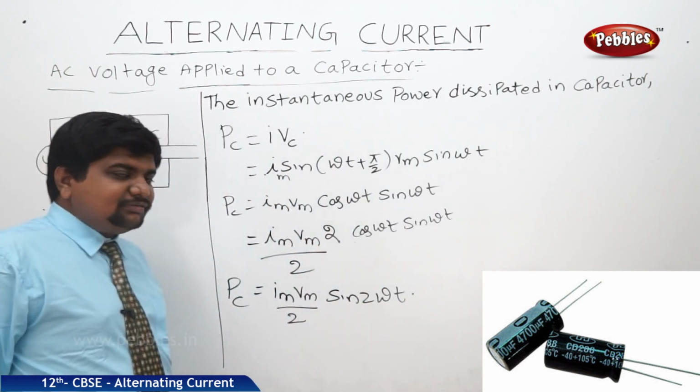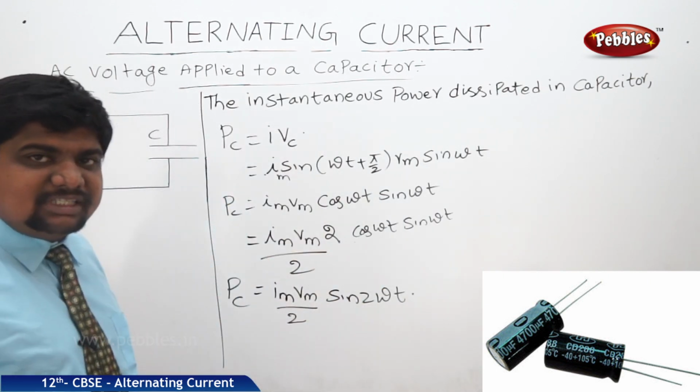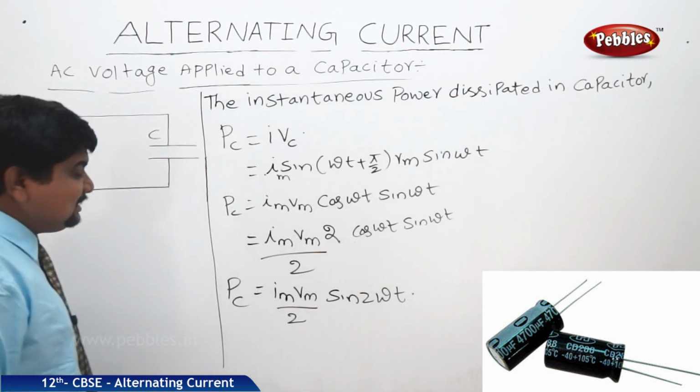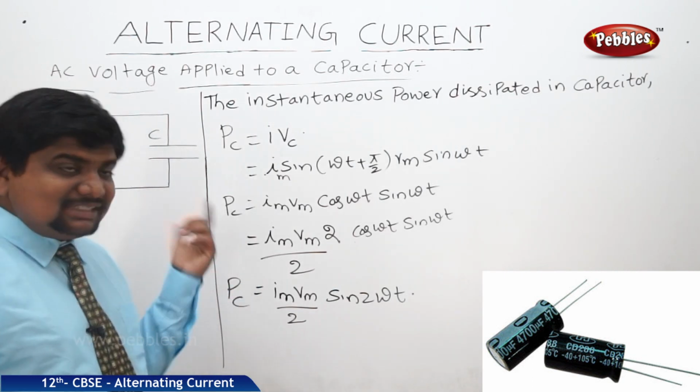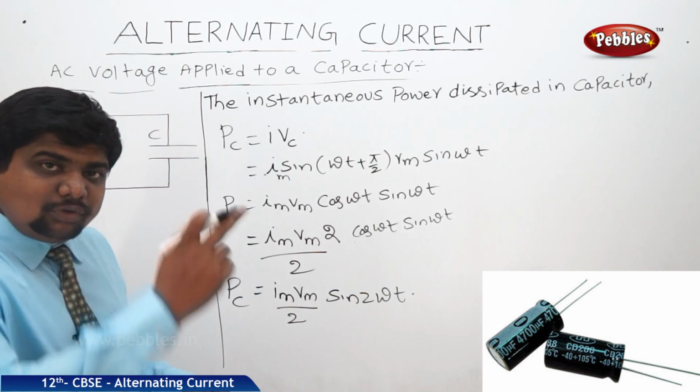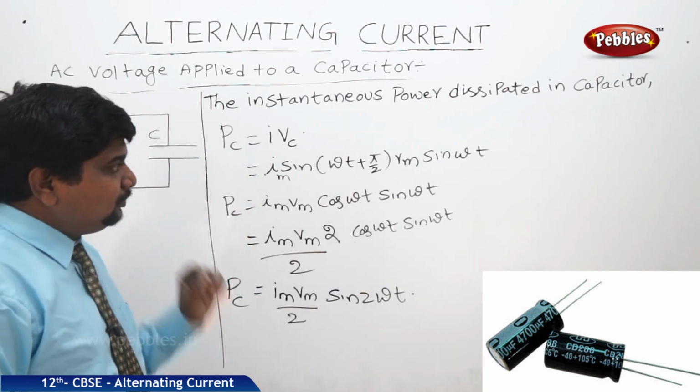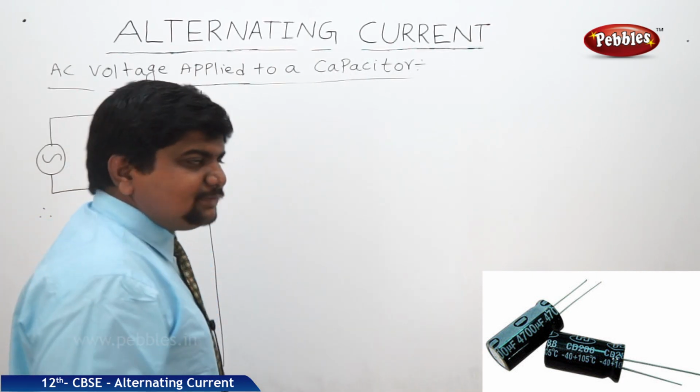This is the expression for the instantaneous power dissipated in a capacitor. But what is the power consumed or supplied to a capacitor over a complete cycle? We are going to find that now, the average power consumption.